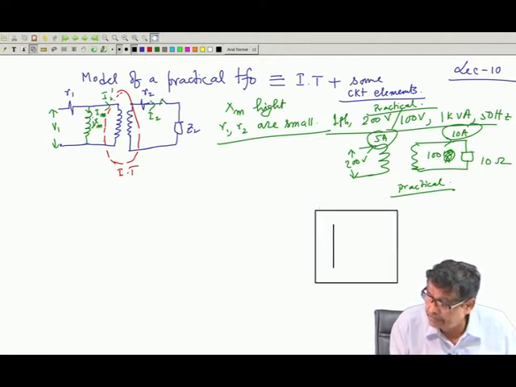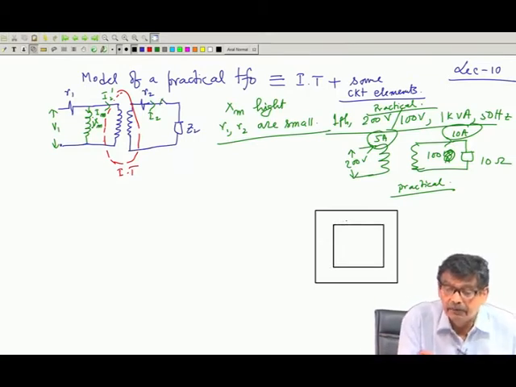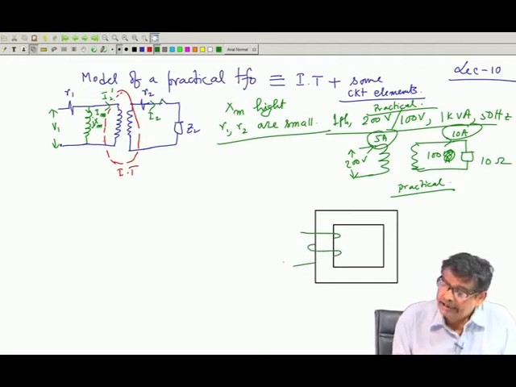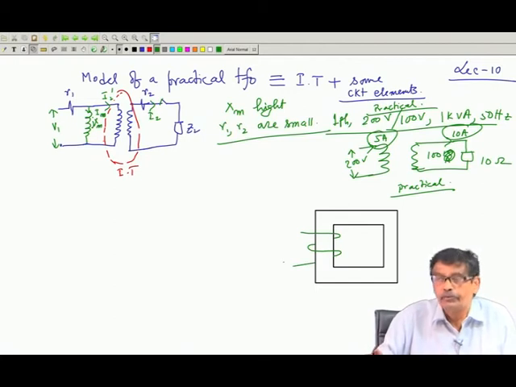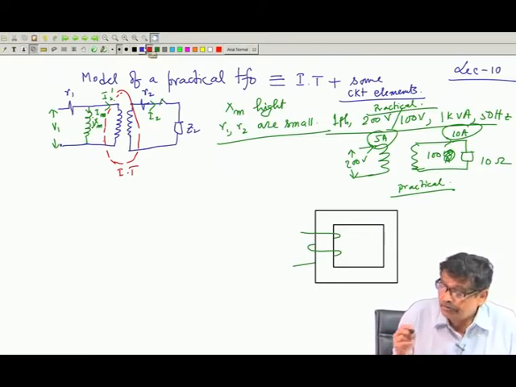Suppose you have a transformer, this is the thing, and what I have assumed earlier is that here is your winding, and I assumed that all fluxes were confined to the core. In reality, in a practical transformer, it is not going to be like this.